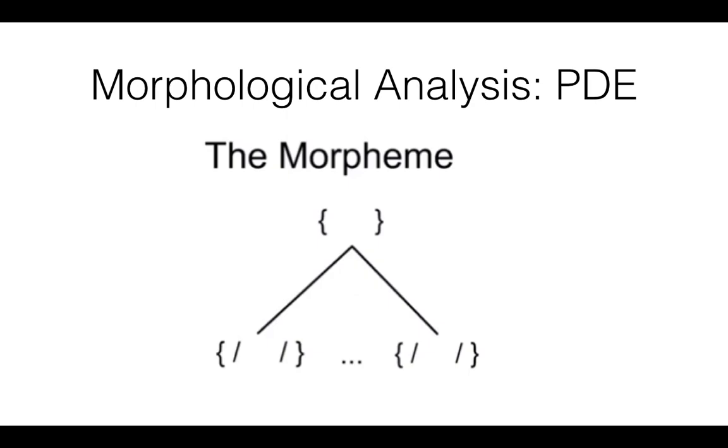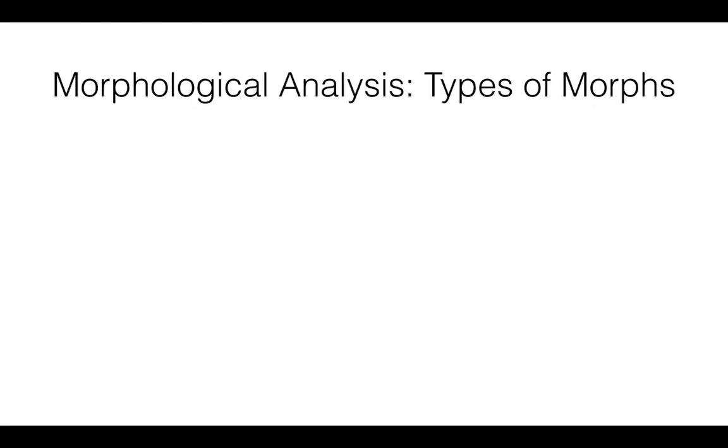And then for the allomorphs, we use curly brackets with slashes inside. Okay? So this is what you're going to try to do, and how to do it. What are the different steps to follow in order to come to these conclusions in morphology. So first thing we have to explain here is what we mean by morpheme and allomorphs, okay?